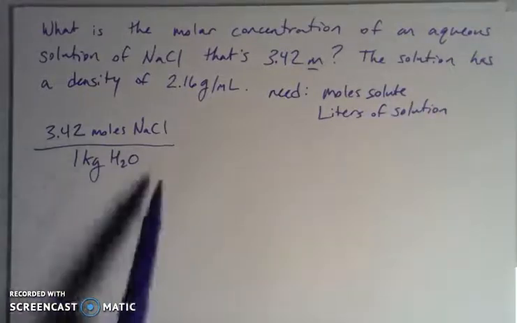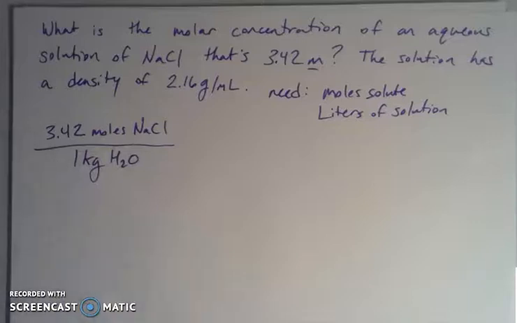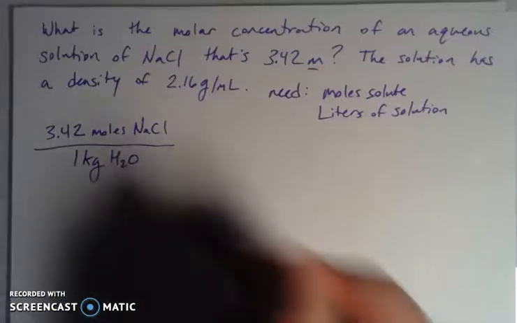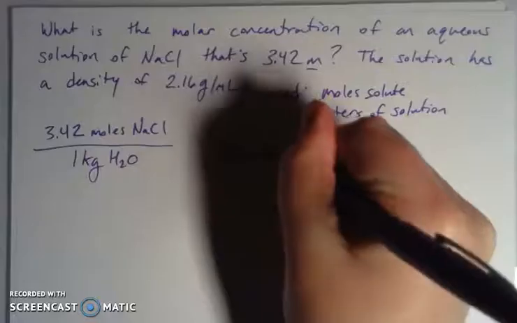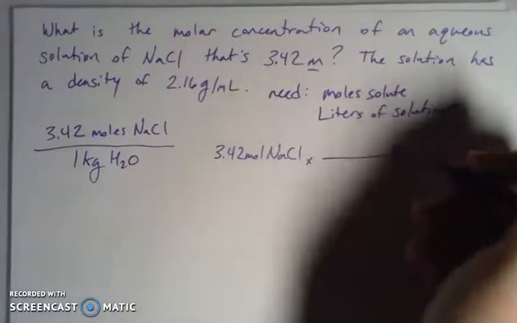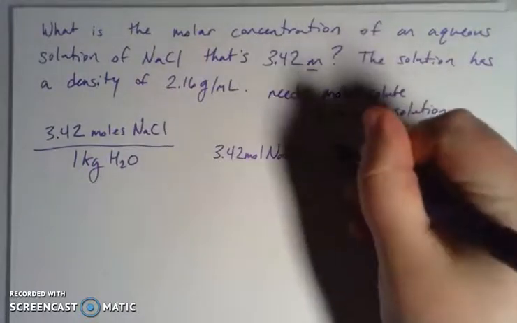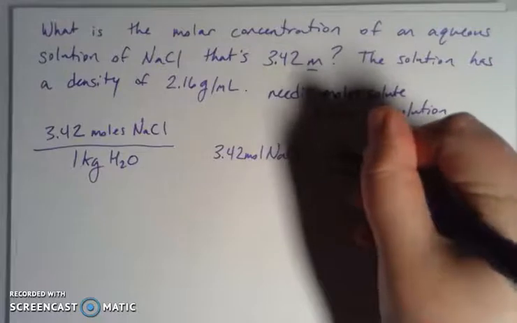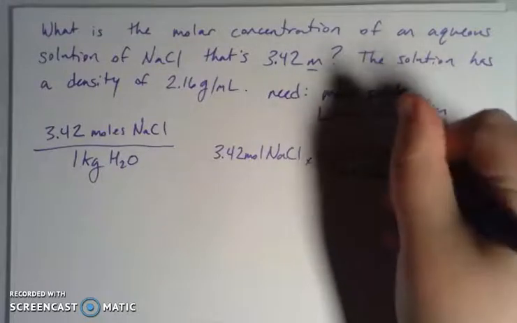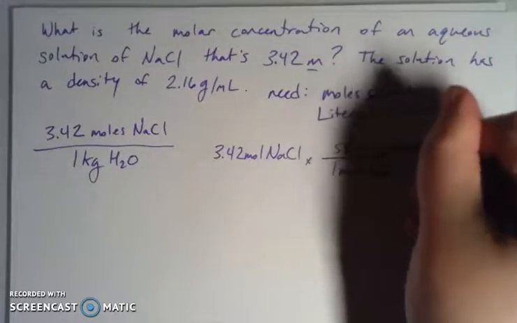So I know that I have 1,000 grams of water. So I need to figure out how many grams of sodium chloride I have. So let's take those 3.42 moles of sodium chloride and figure out how many grams there are. We're going to undo this and give ourselves grams by going to the periodic table and finding out that the molar mass is 58.44 grams for every 1 mole.